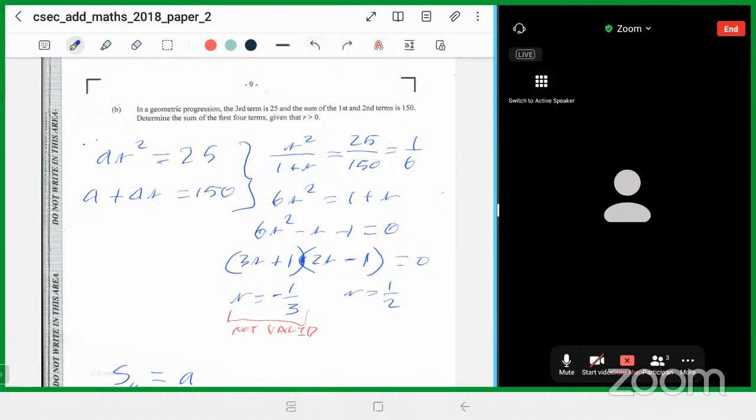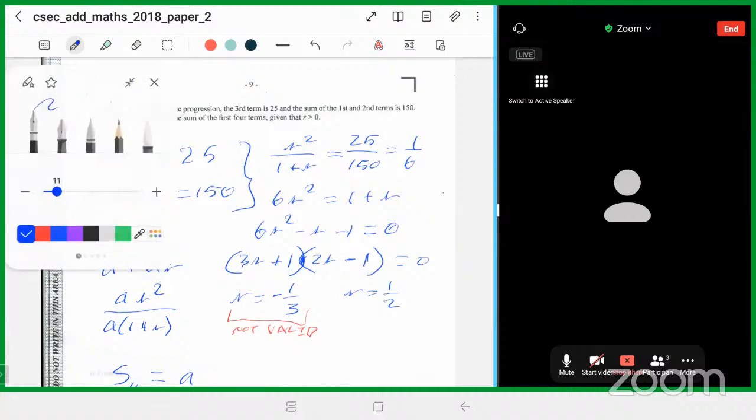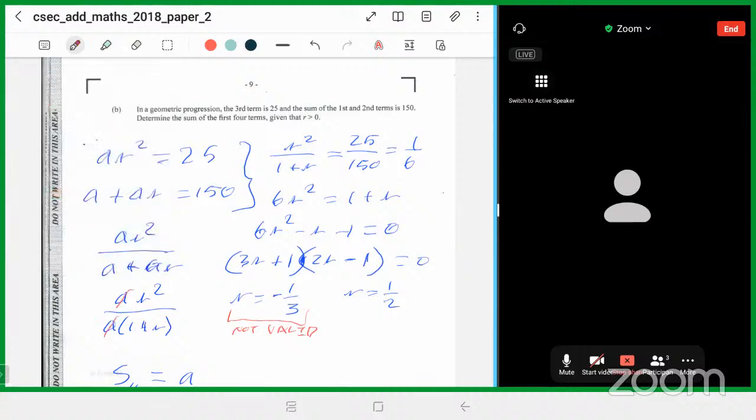If you factorize over the A, you get AR squared over A times 1 plus R, and then the A is cancelled. You can't cancel one part of an expression. This expression has 2 parts in it. You get me?